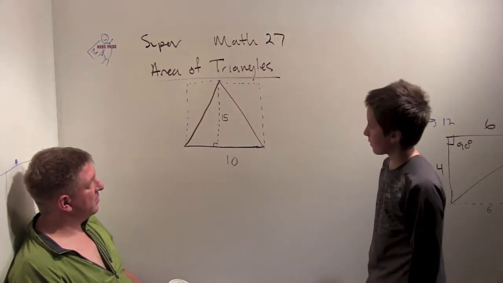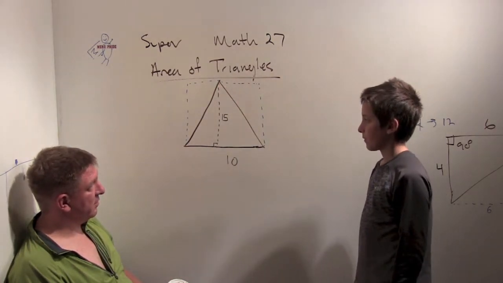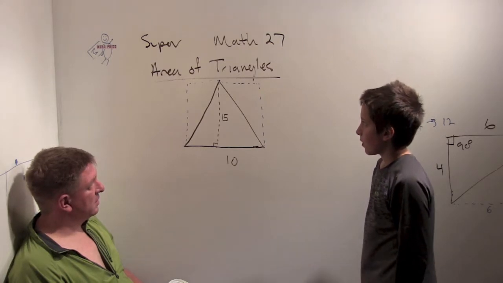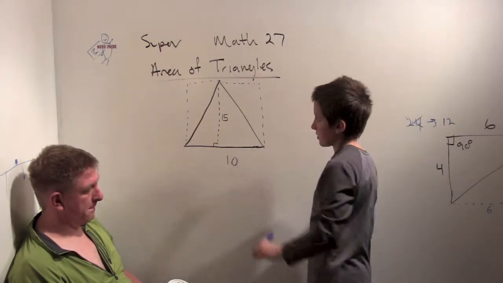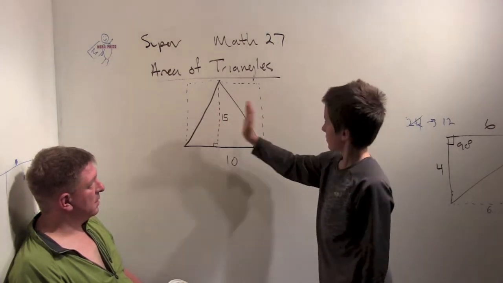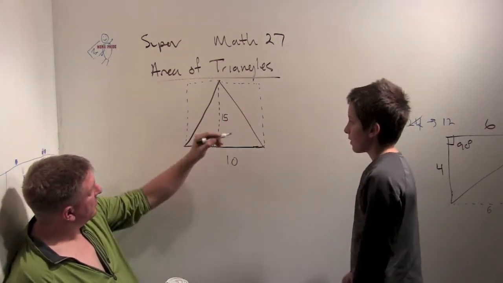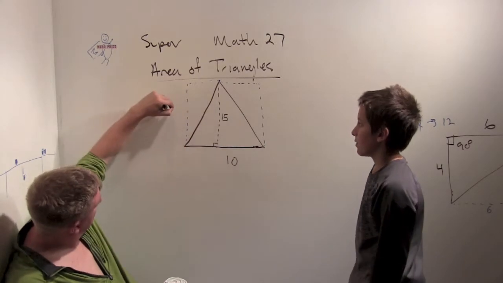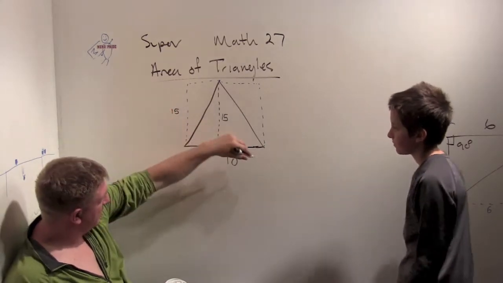What can you tell me about the rectangle that you've sketched on the board, the big one? It's 10 by 15, because 15 is the side. So we know this rectangle is 15 high and 10 long.